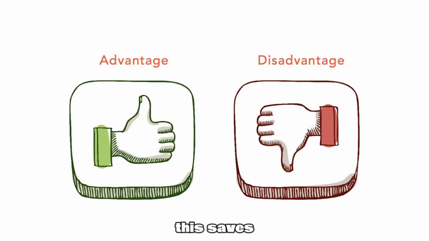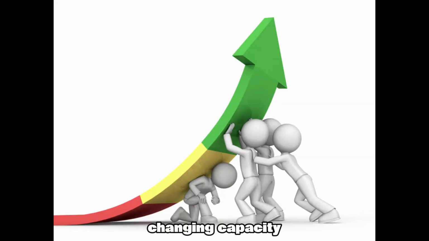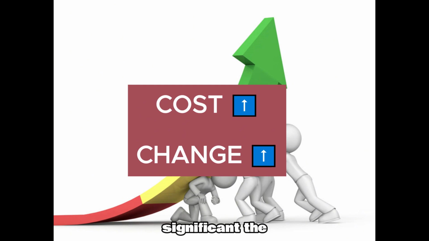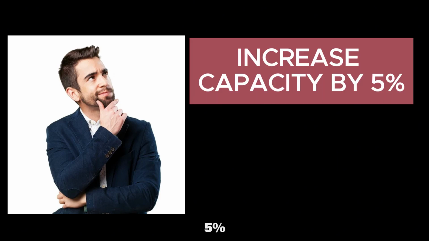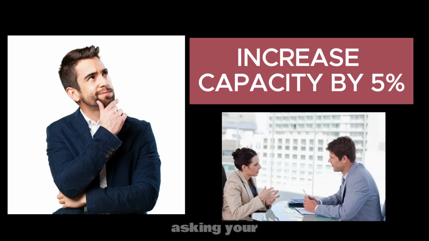But while this saves on inventory cost, it comes with its own expenses. Changing capacity levels costs money, and the cost usually goes up the more significant the change. For example, if you plan on increasing capacity by only 5%, it might just mean asking your current staff to work a bit more.